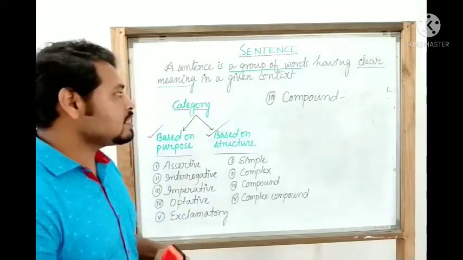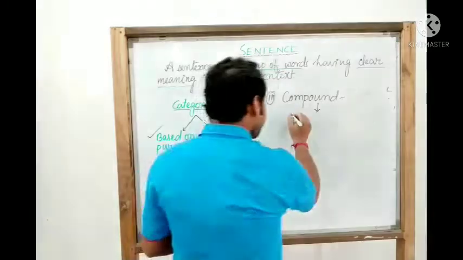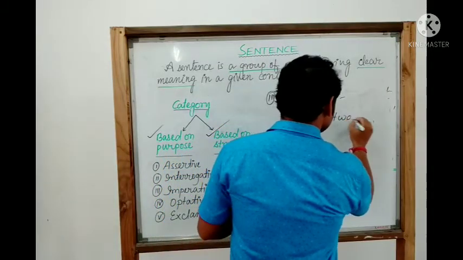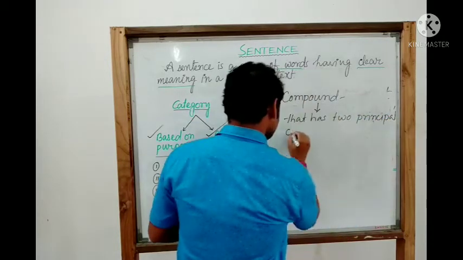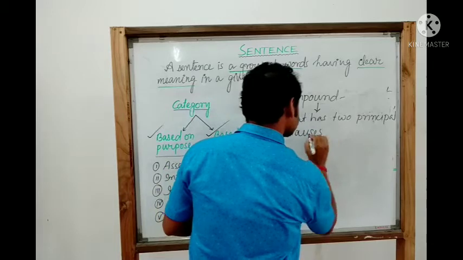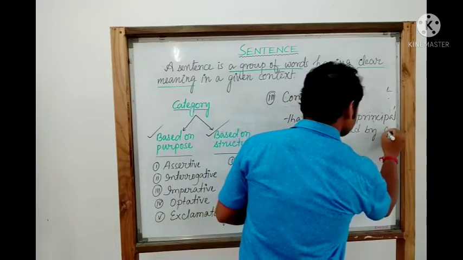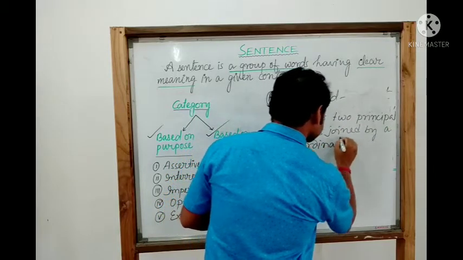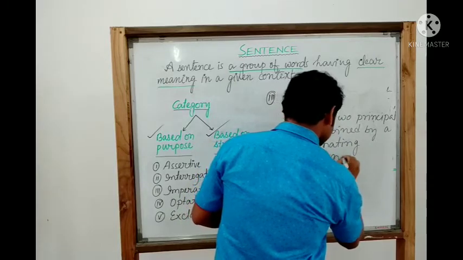So compound sentences are sentences that have two principal clauses joined by a coordinating conjunction.